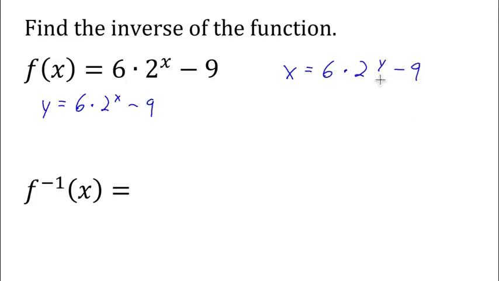We're trying to solve for y, but before we can rearrange things with logs, we need to get this exponential expression by itself. So we'll add 9 to both sides. We're still trying to get 2 to the y power all by itself, so let's divide both sides by 6.